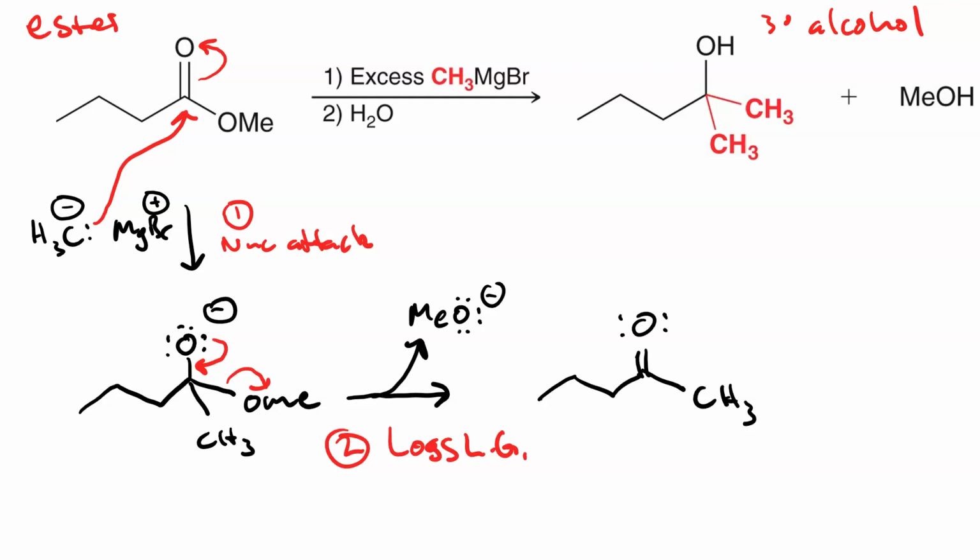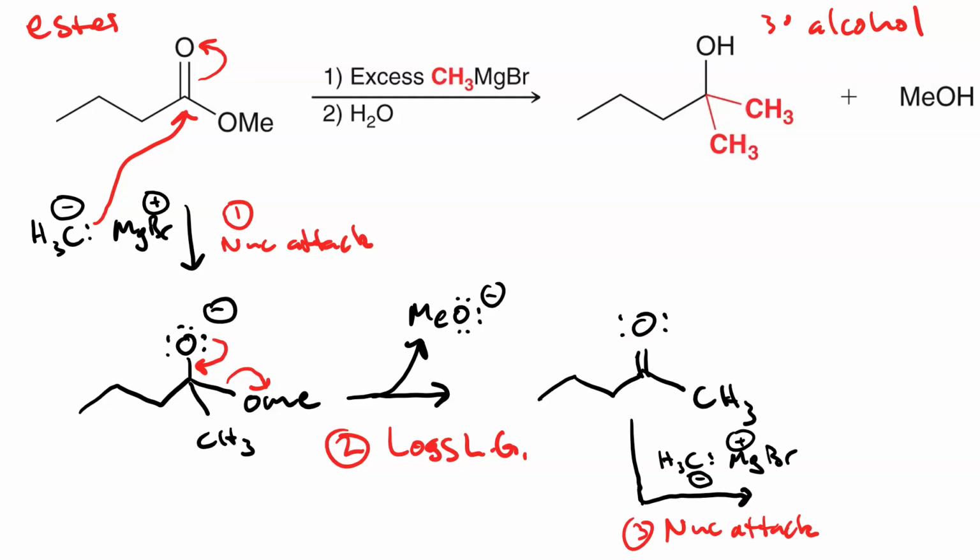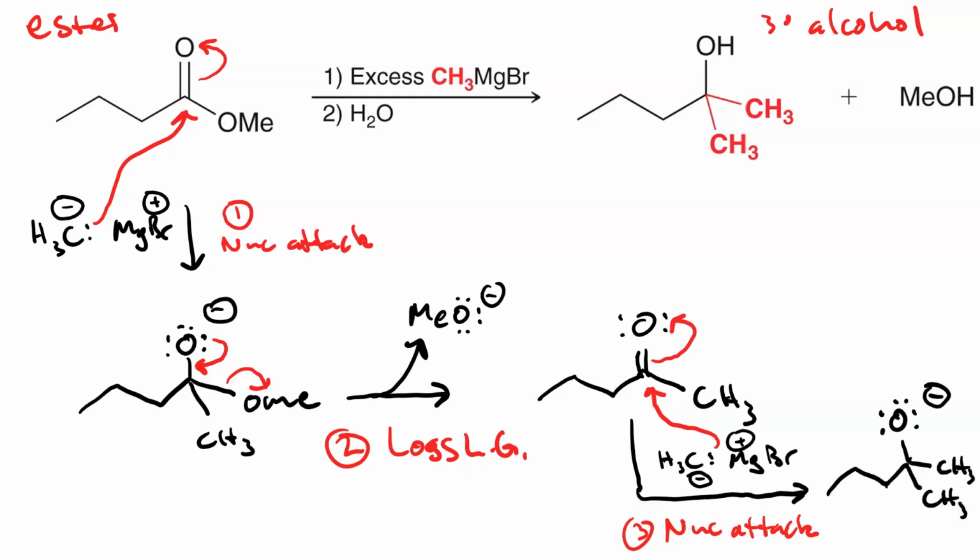Now we're going to do our second nucleophilic attack. So this step looks very much like the first step, where our methyl magnesium bromide, another equivalent, this is why we needed excess, there's nucleophilic attack at the carbonyl carbon. This exceeds the octet here, and so we have to change a pi bond to a lone pair. And now we've made this tertiary alkoxide.